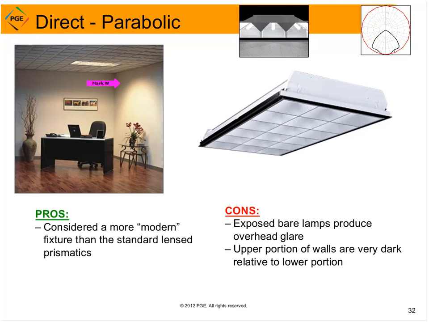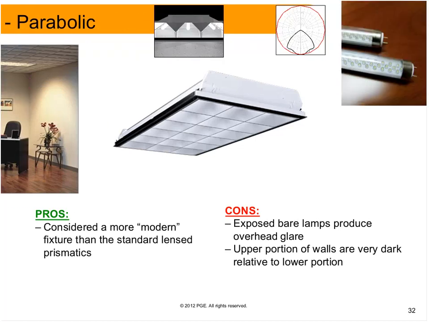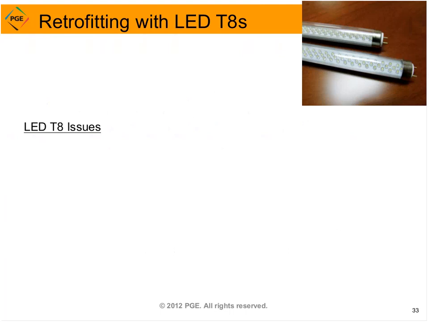So getting rid of parabolic louvered troffers is an excellent retrofitting objective for LEDs. Now you could put LED lamps in these, but this makes the cave effect even worse, with more glare, and is just not a good idea, which we'll look at in more detail here.